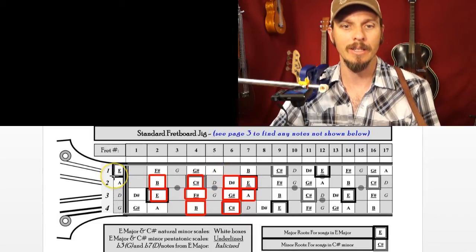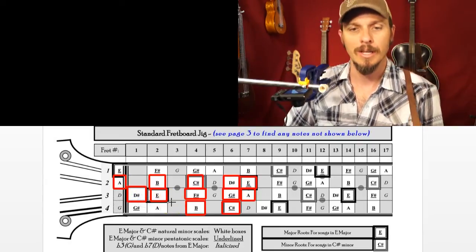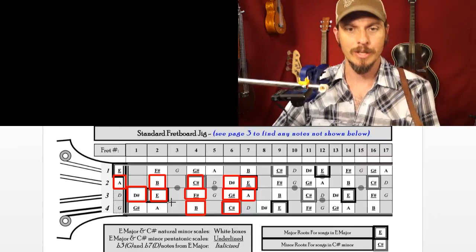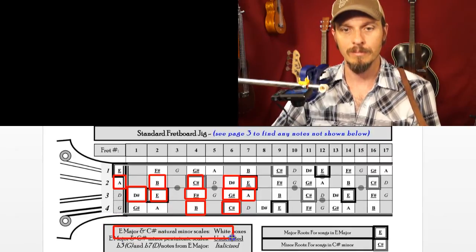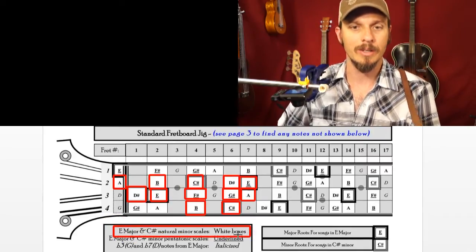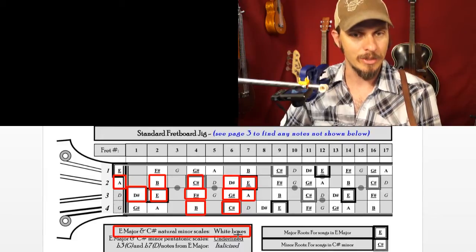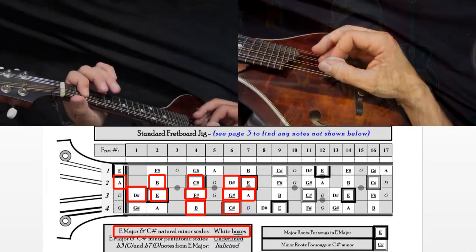There's another A here. So all these notes in white boxes are very possible notes because they're part of the major scale. Remember, notes in white boxes are part of the E major, C sharp natural minor scales.